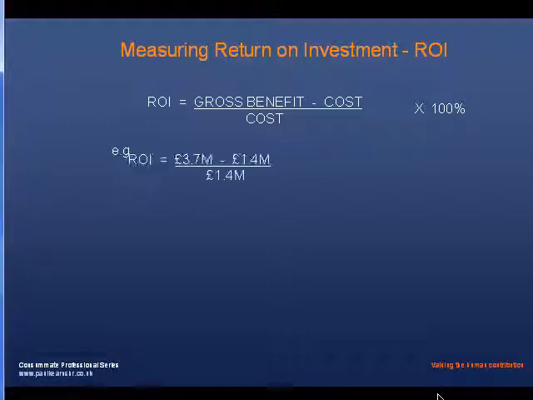Let us put some real figures in, and these are based on a large, well-known retailer who spent £1.4 million on a customer intimacy, customer satisfaction program. And without going into too much detail just here, we assume that there is a 1% improvement in profit on sales as a result of this customer satisfaction training program.